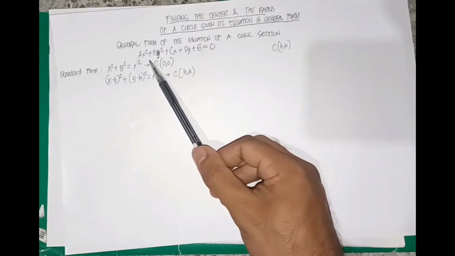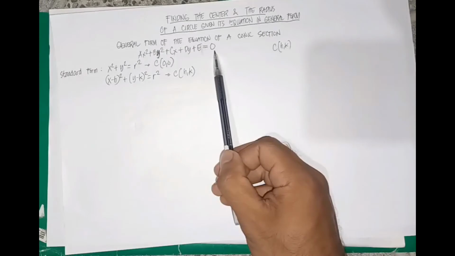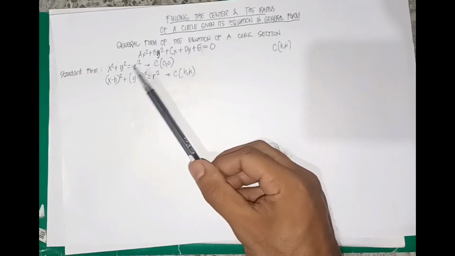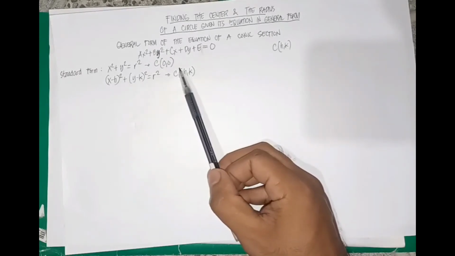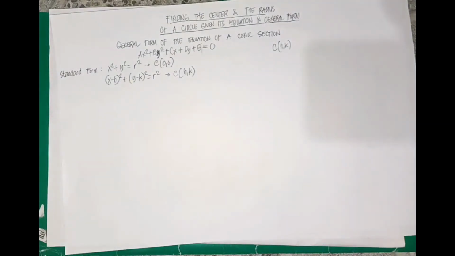As you can see, if the given equation is in general form, we cannot identify the center and the radius of a circle. So in this lesson, we will be learning how to find the center and the radius of a circle given its general form of the equation.